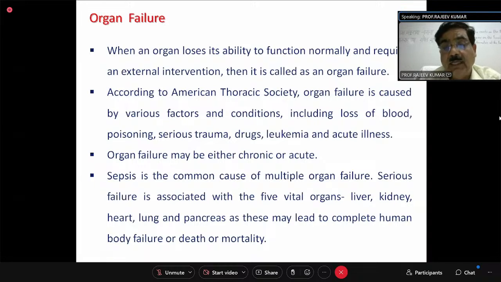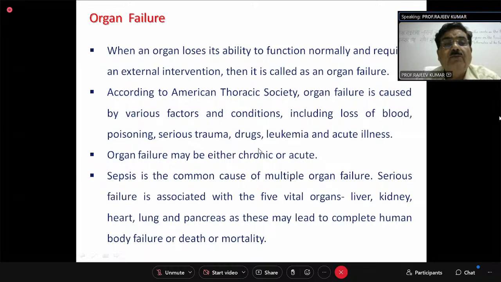According to the American Thoracic Society, organ failure is caused by various factors and conditions, including loss of blood, for any reason, poisoning, serious trauma, or even drugs, leukemia, or acute illness.